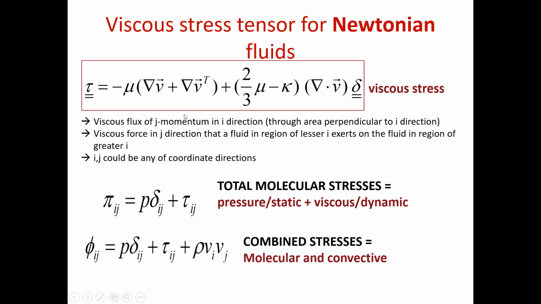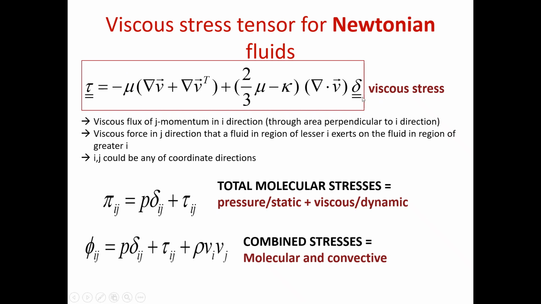And if I'm in a different coordinate system, it's not x, y, z, but it could be r, phi, and theta, for instance. Okay? So these are different coordinates. So this is a tensor, this is a tensor, and I have only a constant mu here, which makes this a Newtonian fluid. Okay?